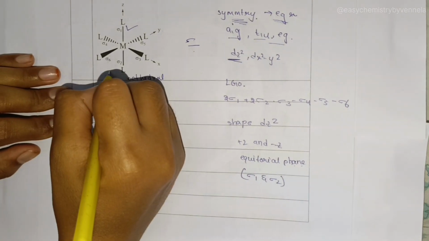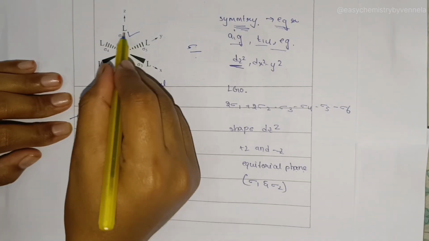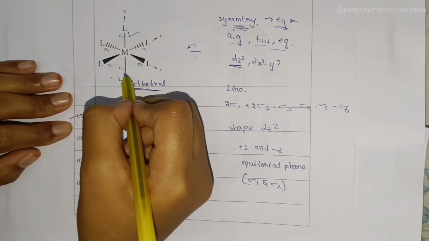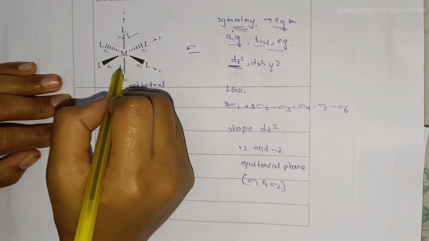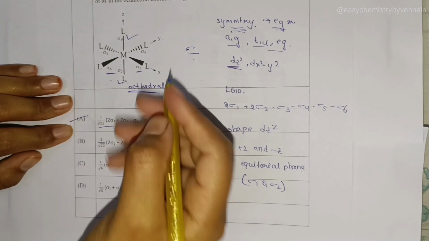This is the z-axis. These two are the larger weight z-axis ligands, sigma 1 and sigma 2. Next, the sign is opposite for the equatorial ligands, sigma 3 to sigma 6.